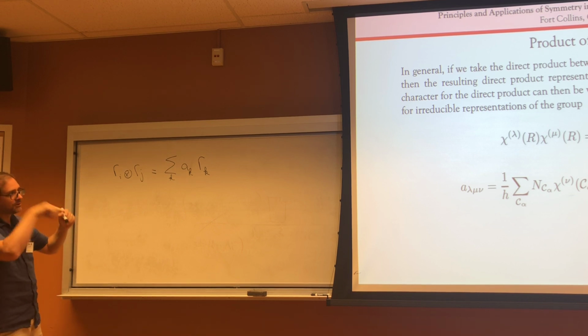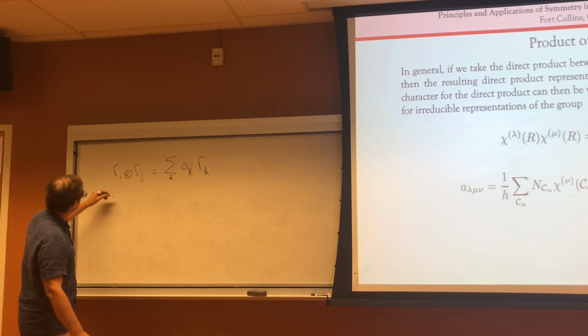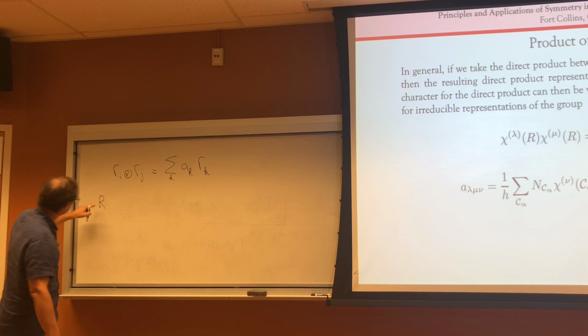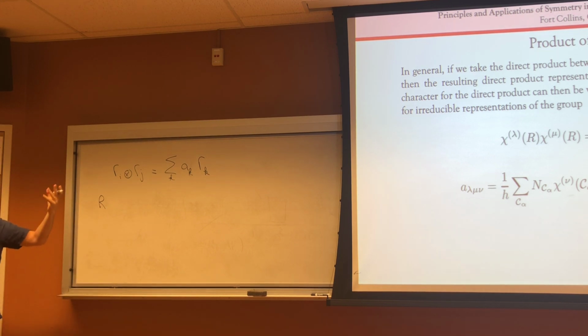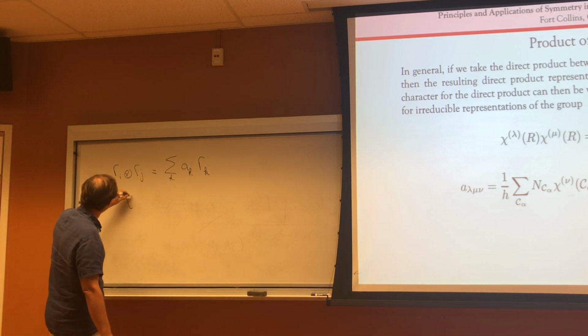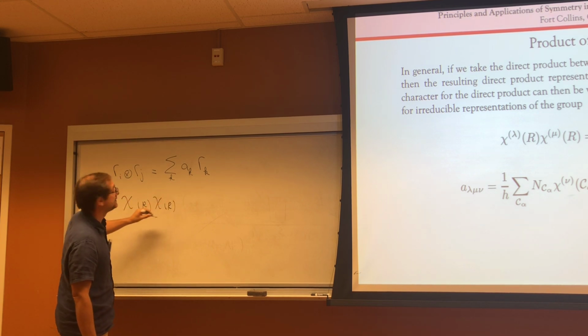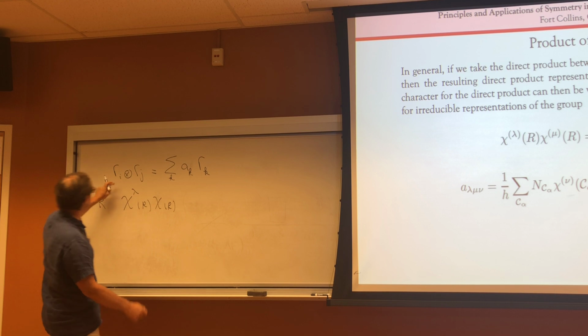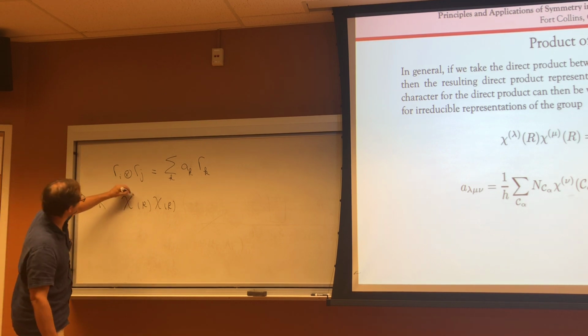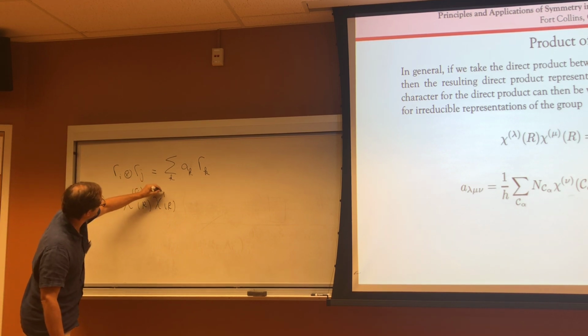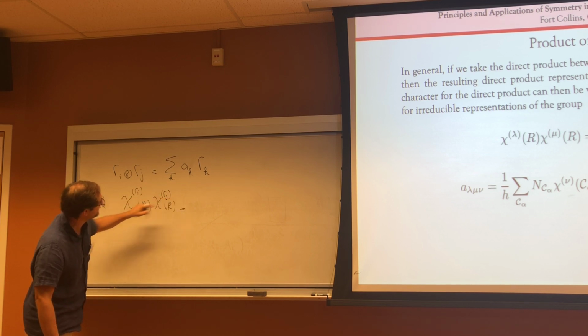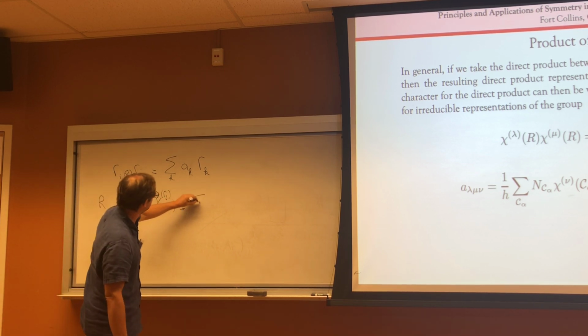Concretely, at the local level, if I pick a certain symmetry, let's say a C3 symmetry, then the product of the characters of this symmetry for two different representations, gamma i and gamma j, can be decomposed into the sum over gamma k.